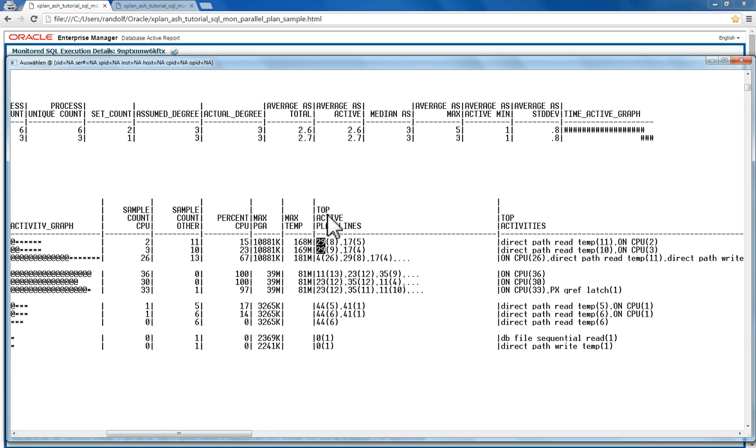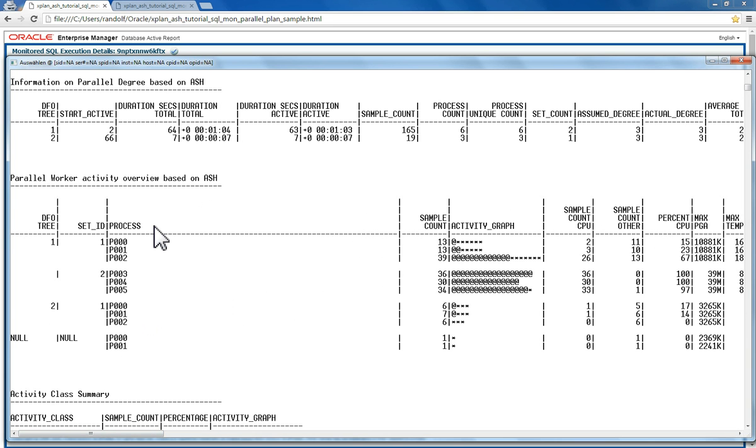This is what I will come to later in the top active plan lines. So what we see in the active session history is the plan line that was active. Explain-ash uses this plan line and the execution plan information to derive which DFO tree the activity of this process was about. Since it's possible that sometimes samples show up in active session history for parallel processes that cannot, according to the execution plan, be related to any DFO tree, I show them in a separate section.